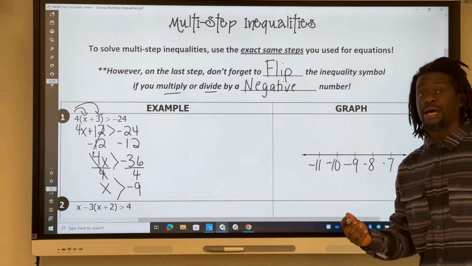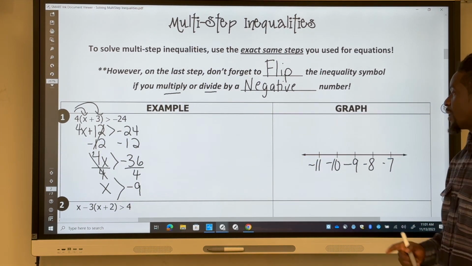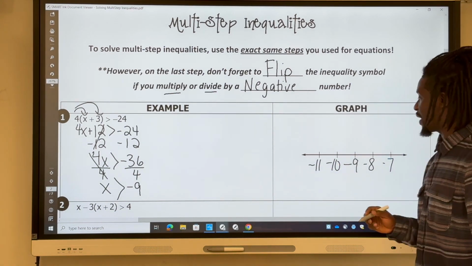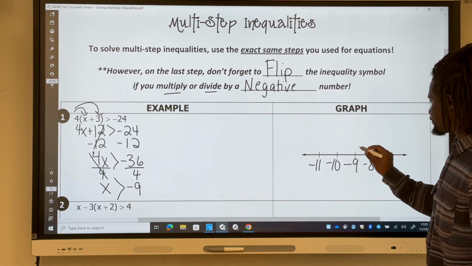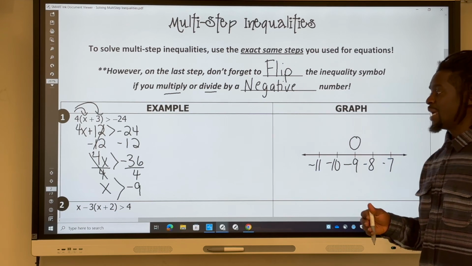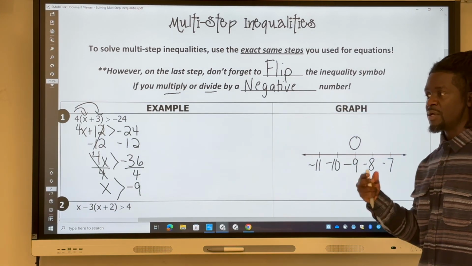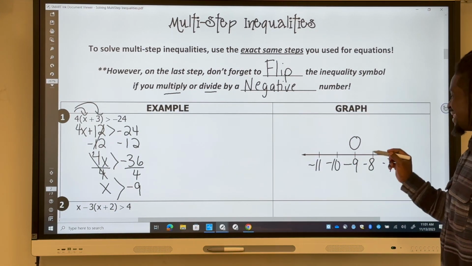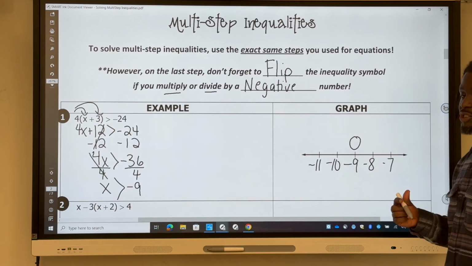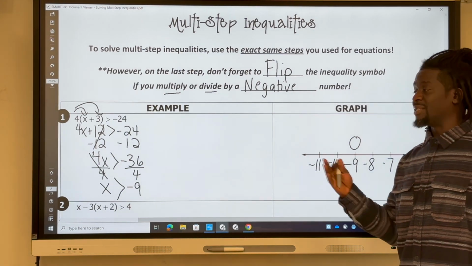Okay. Now, in order to graph this inequality, x is greater than negative 9, I'm going to go to negative 9. I'm going to put an open circle, and it is open because it doesn't have greater than or equal to. And then I'm going to shade in the direction of the numbers that would make this inequality true.